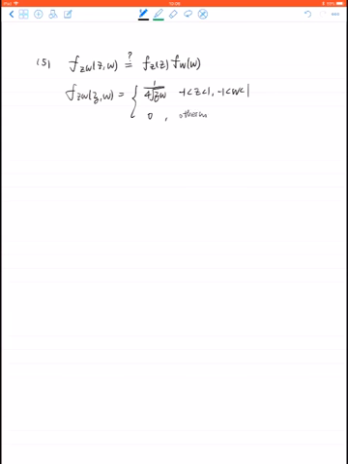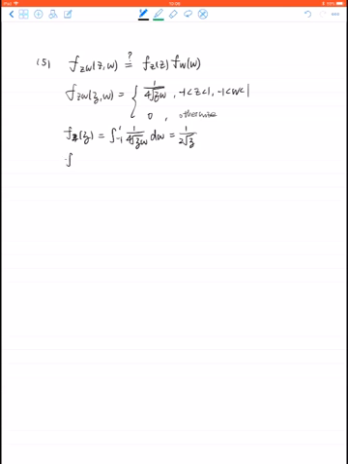and equals 0 in other conditions. So in this case, we can simply find the marginal function f_Z(z) equals the integral from -1 to 1 of 1 divided by 4 times the square root of zw dw. The answer should be 1 divided by 2 times the square root of z.